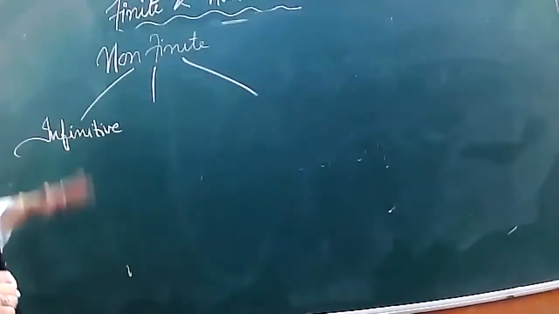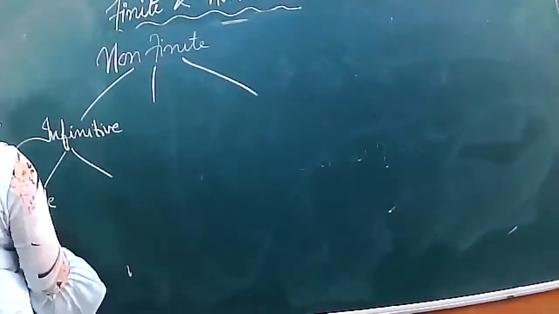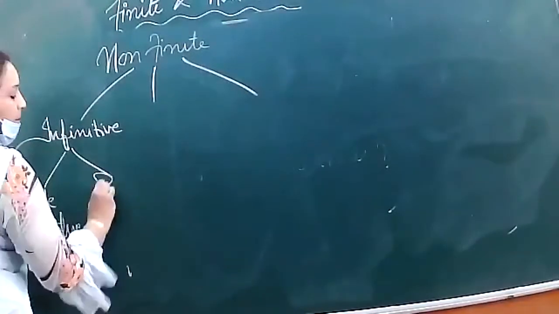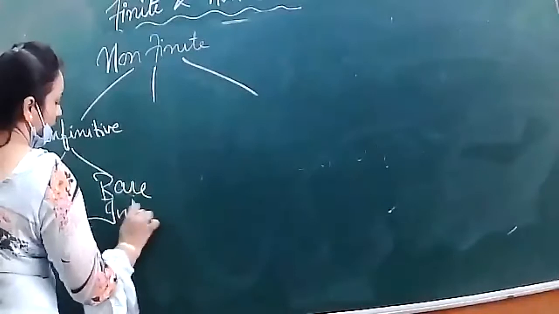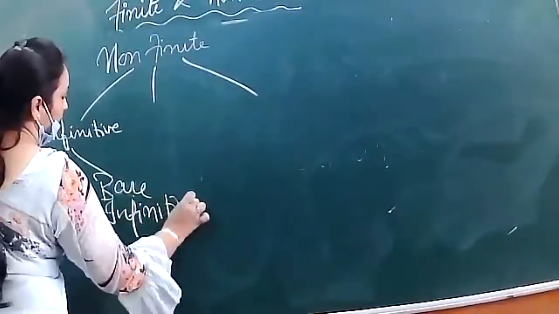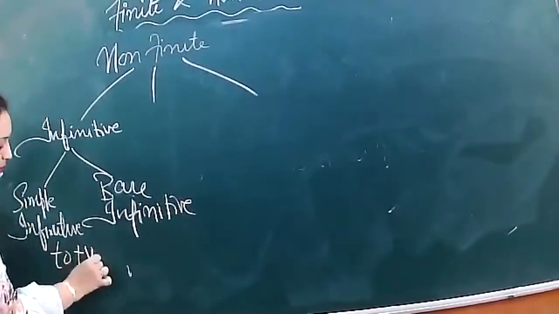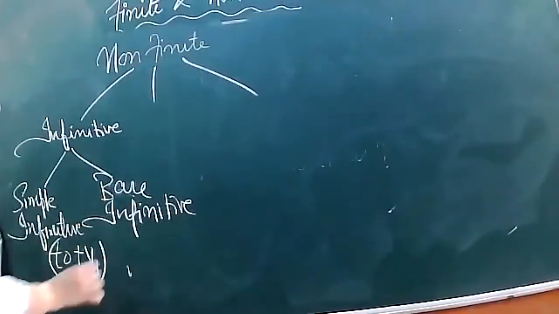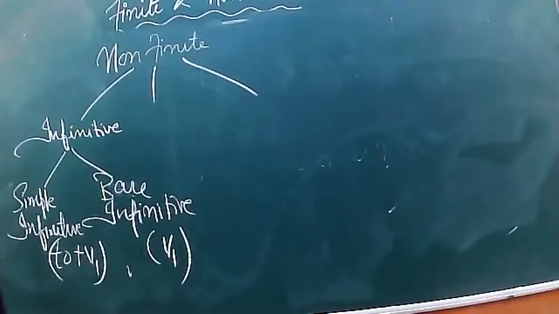And infinitive has further 2 categories: simple infinitive and bare infinitive. Now, what is simple infinitive? In which we use to plus verb first form, and in bare infinitive, we use only verb first form. Only this concept you have to keep in your mind.